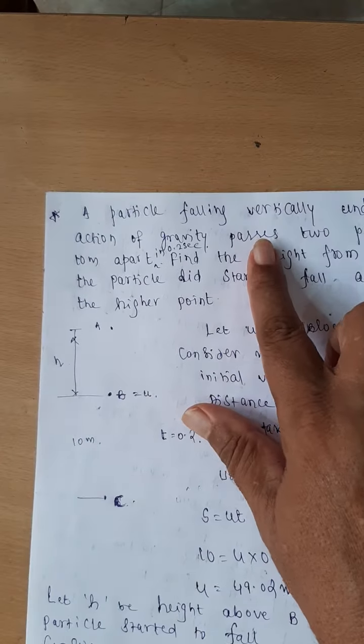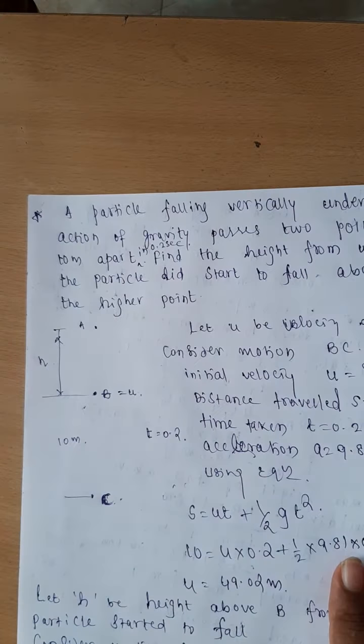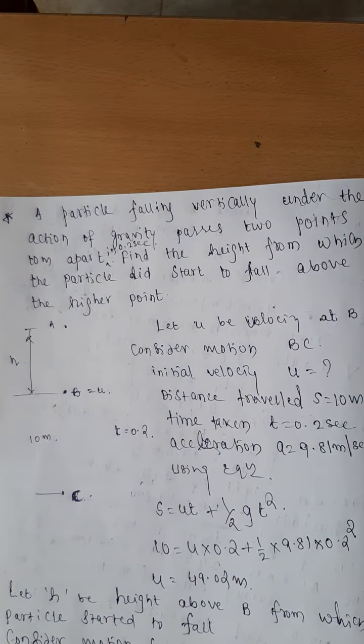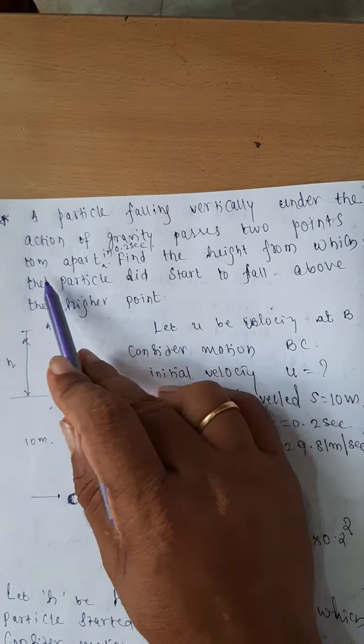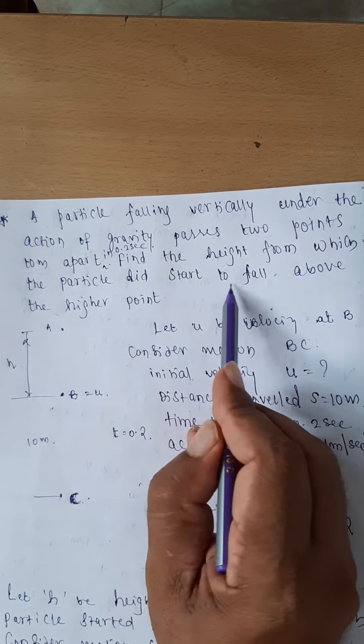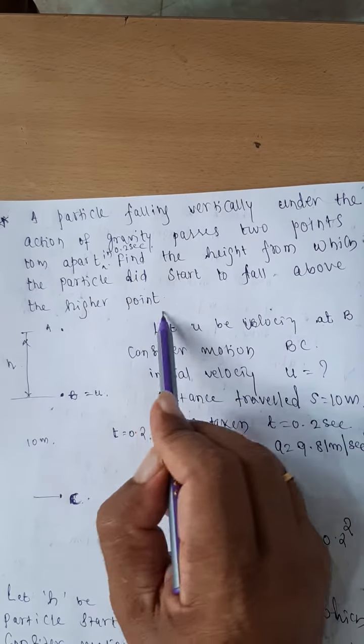A particle is falling vertically under the action of gravity, passes 2 points 10 meter apart in 0.2 second. Find the height from which the particle did start to fall above the higher point.